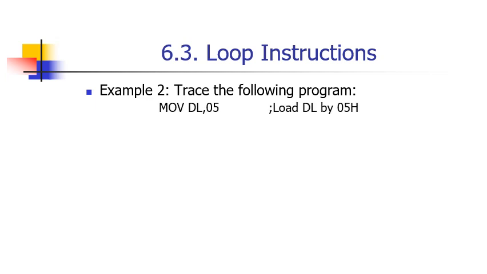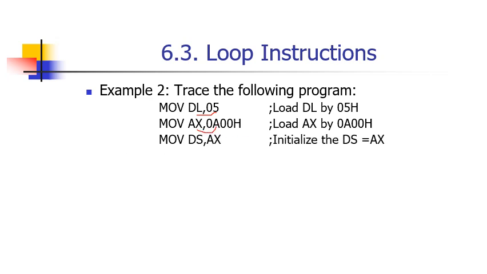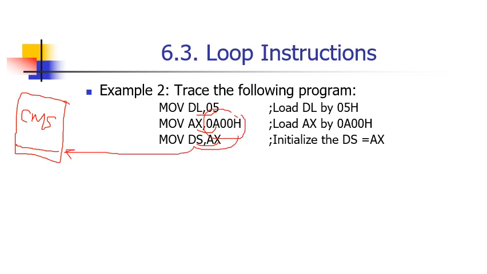Example 2. All right. Now we're placing 5 inside DL. Good. And we're moving this value inside your AX. And we're moving this value inside your DS, which means we are going to start at a certain code memory segment whose logical starting address is the value placed in your DS.